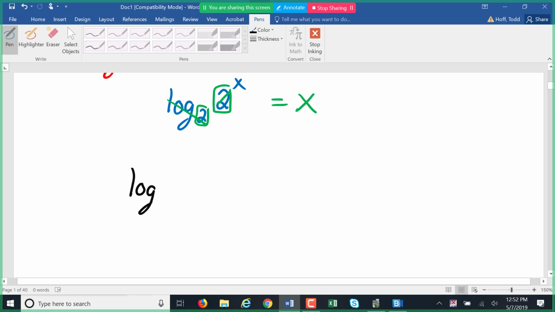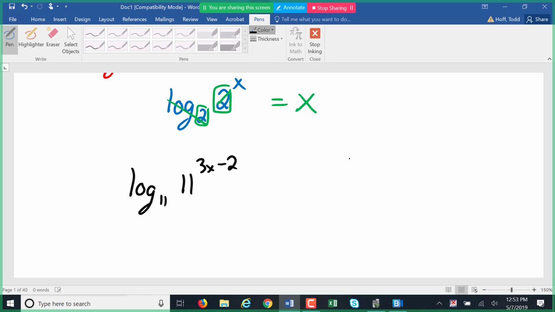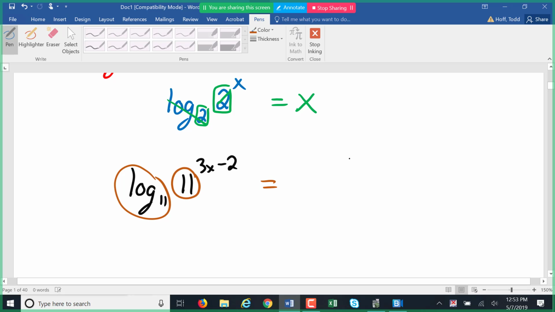If I have log base 11 of 11 to the power of 3x minus 2, the log base 11 and the 11 in the base of the exponent cancel out again. That gives me just 3x minus 2.